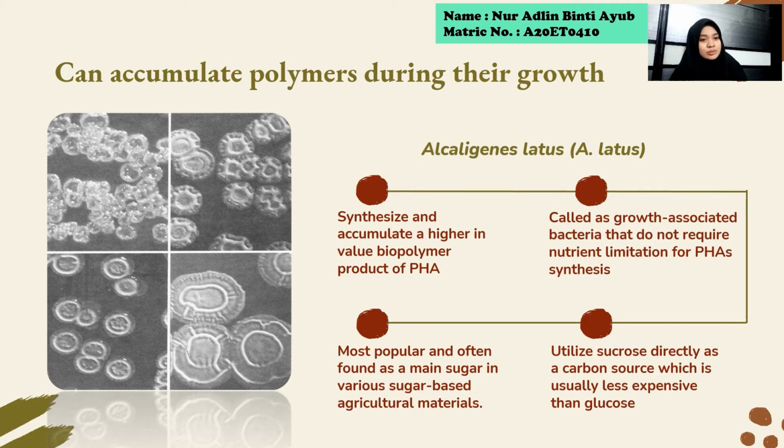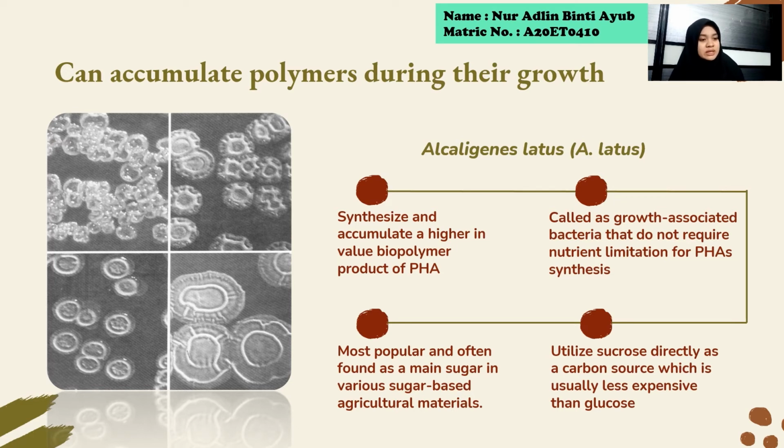It is also the most popular bacterial strain used previously and currently because it is a growth-associated PHA producer and accumulates PHAs up to 80% of dry cell weight (DCW), as a gram-negative, non-sporulating and obligate aerobe. Moreover, A. latus can also utilize sucrose directly as a carbon source, which is usually less expensive than glucose and often found as the main sugar in various sugar-based agricultural materials.